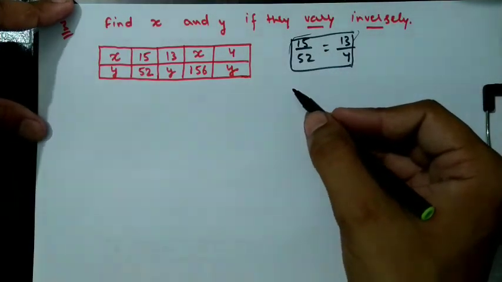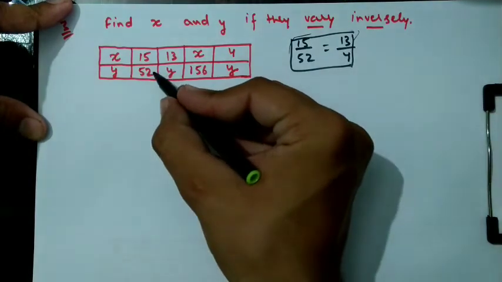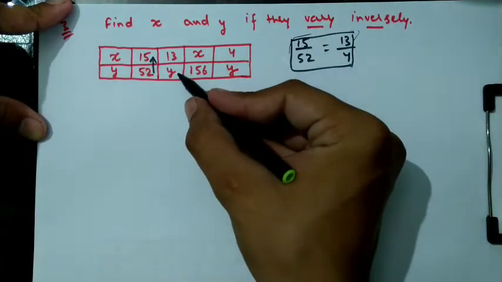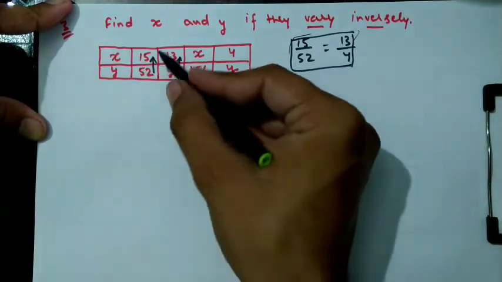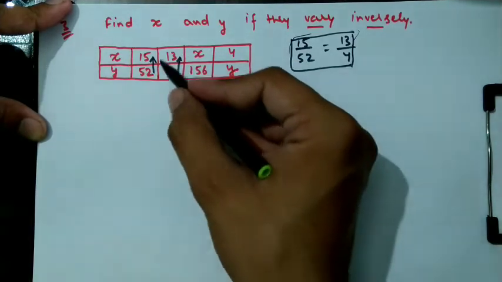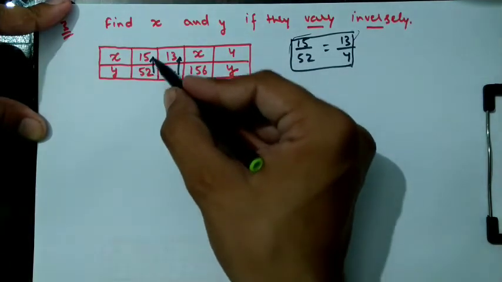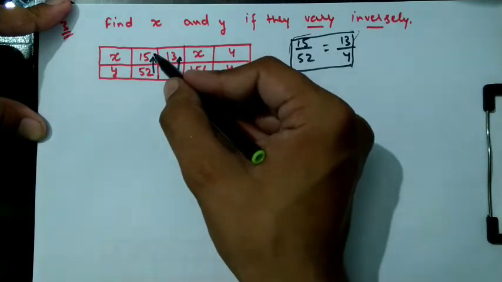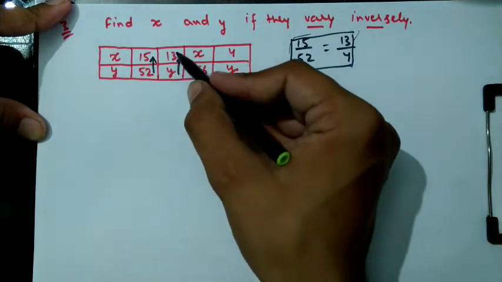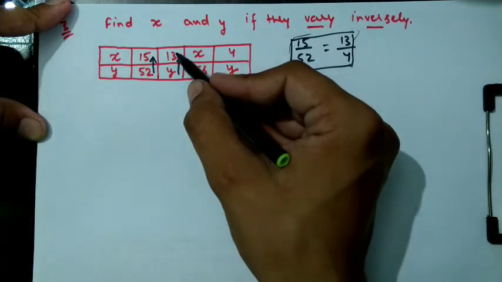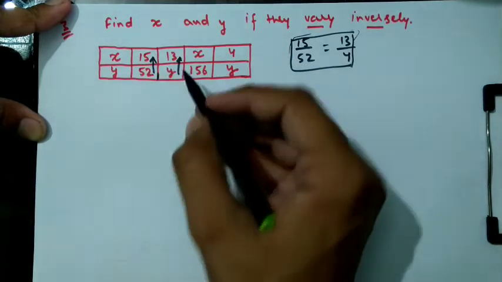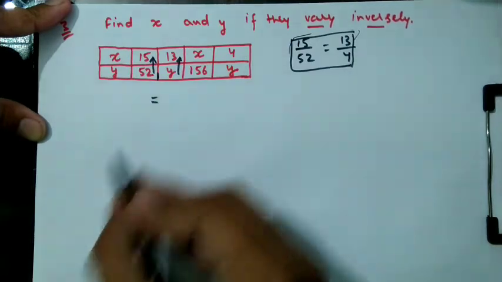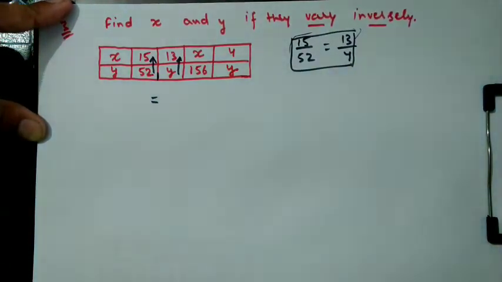Now you have to write these two values on the upper side and do upper side multiplication, not cross multiplication, meaning 52 into 15 and y into 13, and in place of the line you will write the sign of equal to.